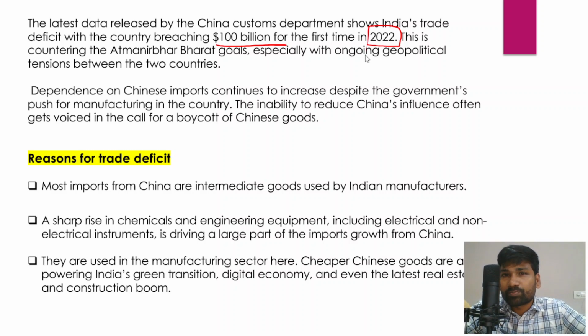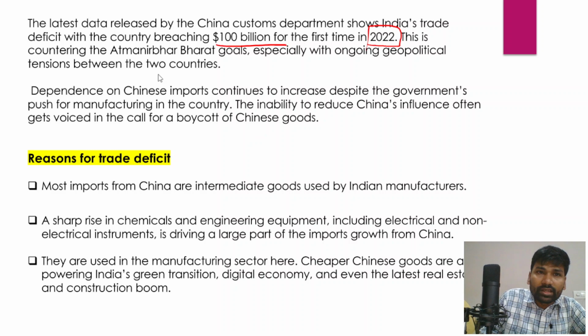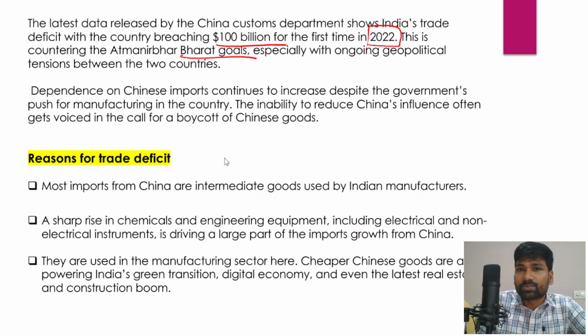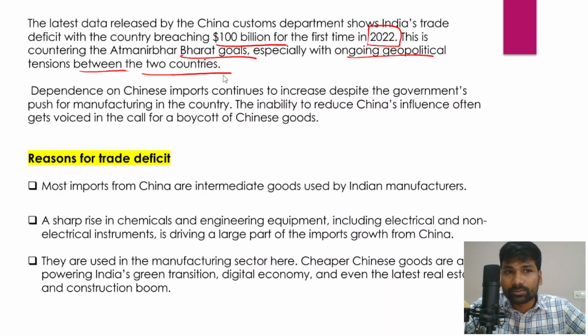In fact, China is the country with which India has the largest trade deficit, and there is a need to bridge this gap between India and China. This is countering the Atmanirbhar Bharat goals, especially amid the ongoing geopolitical tensions between these two countries.